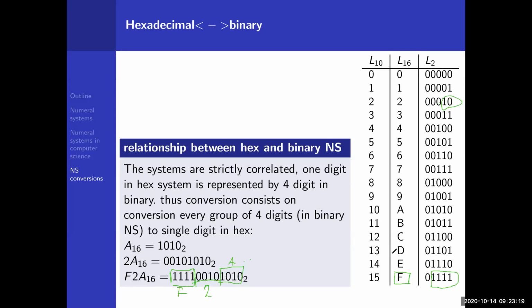So for humans, this form is easier to understand, and we have a direct relation between every digit and bit representation. So we don't need to convert or recalculate values like we have to do between binary and decimal system, because in decimal system this correspondence is not so easy to catch.